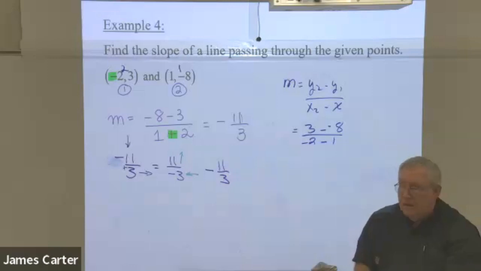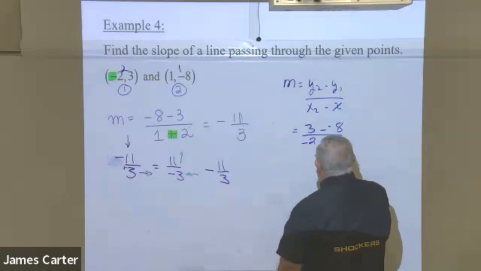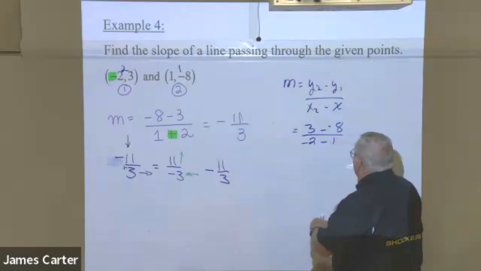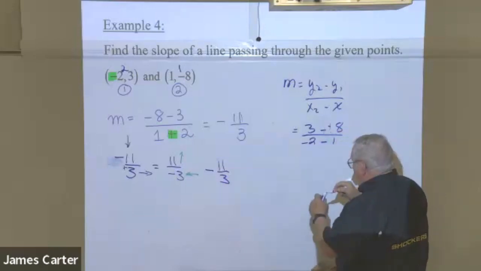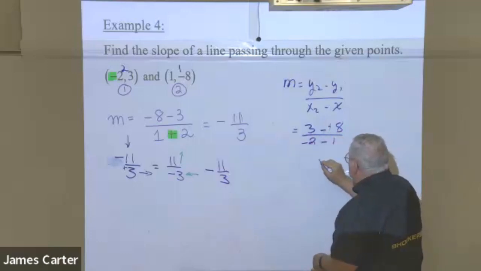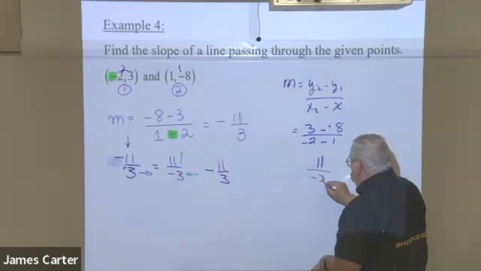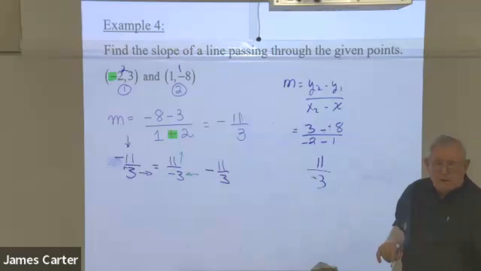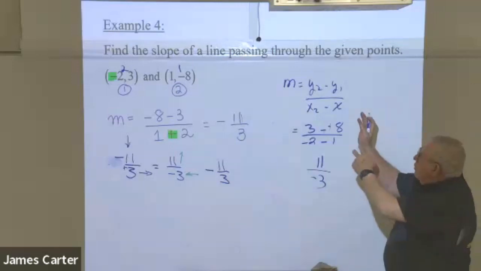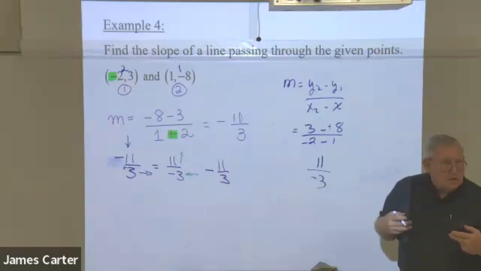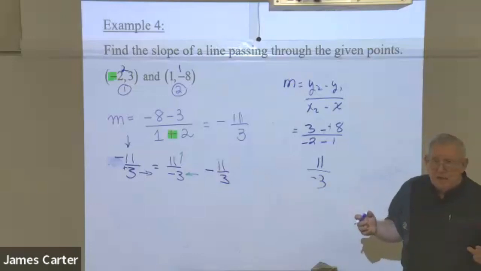But either way will do it. Let's finish this out. This 3 minus a negative becomes plus a positive. So we have 3 plus 8 is 11 over -3. Okay. So it doesn't matter which point you use as your first point, as long as you're consistent once you decide.